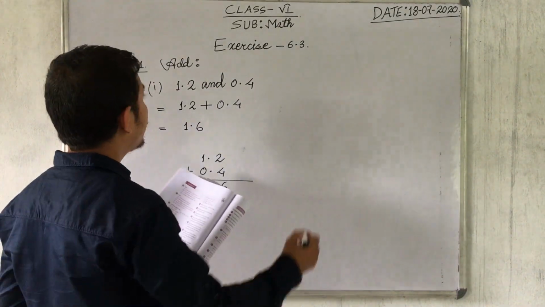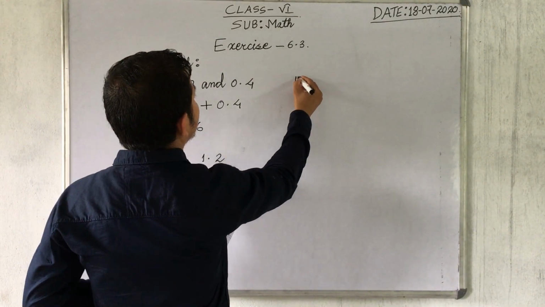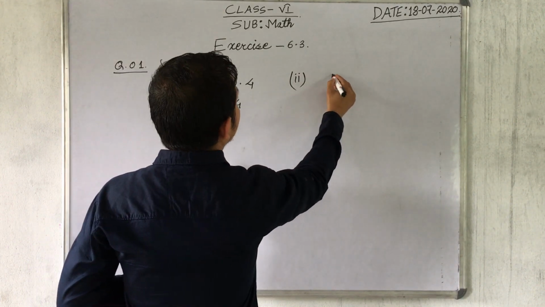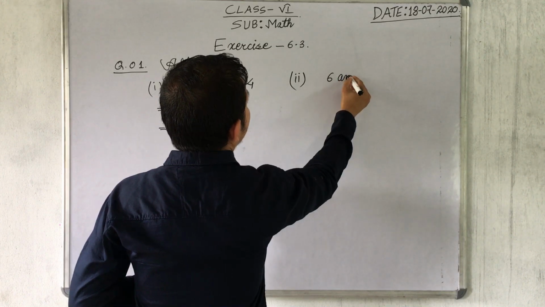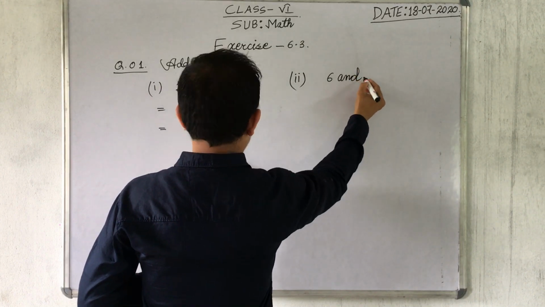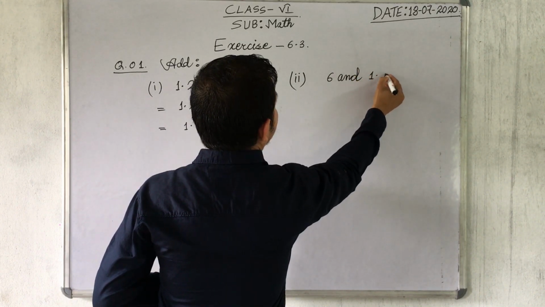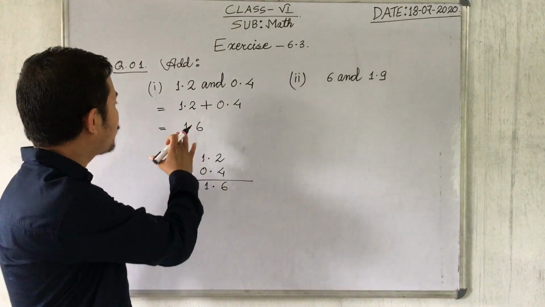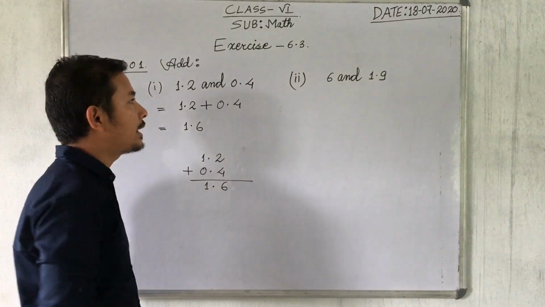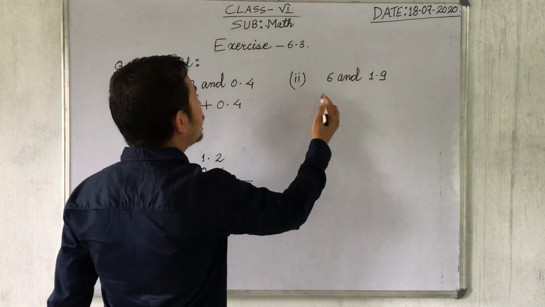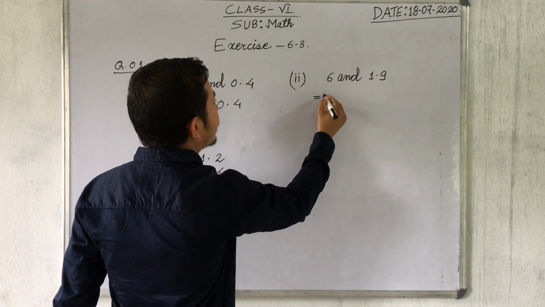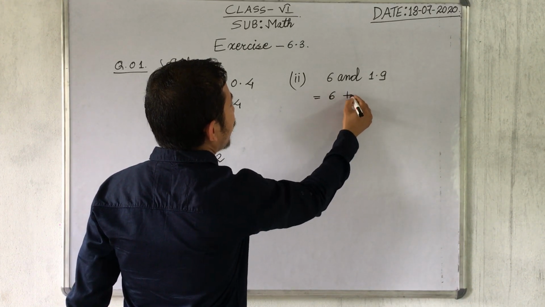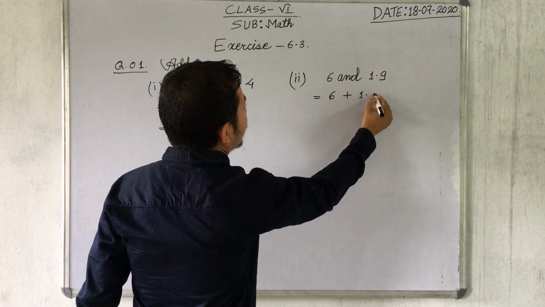Now look at here, I am doing number 2. Number 2 is 6 and 1.9. I already told you in question number 1 we have to add a plus sign in place of 'and', because we are adding these decimal numbers. 6 in place of 'and' plus and then 1.9.